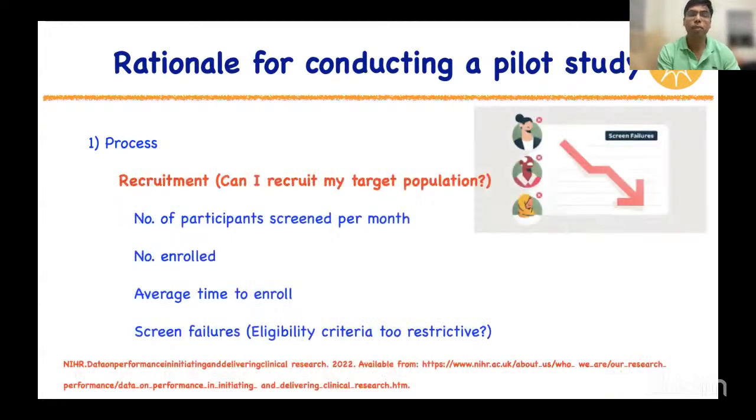For example, as we all know, one of the biggest challenges in any study is to have a good recruitment of participants. So the question in a feasibility trial would be, can I recruit my target population? And the objectives would be like the number of participants that can be screened in a month, the participants that can be enrolled, the average time taken to enroll, and the screen failures.